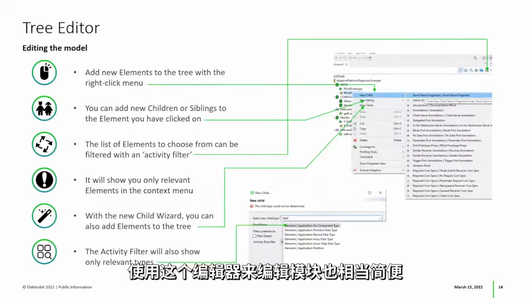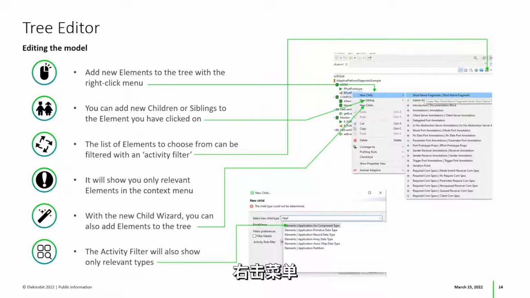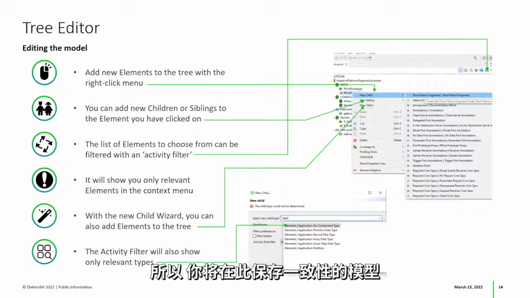And editing the model with this editor is also quite easy. So you have the tree representation, and with a right-click menu, you have some options to, for example, add a new child. And the new child will only show you allowed elements that you can add to this element. So you will keep a consistent model here.